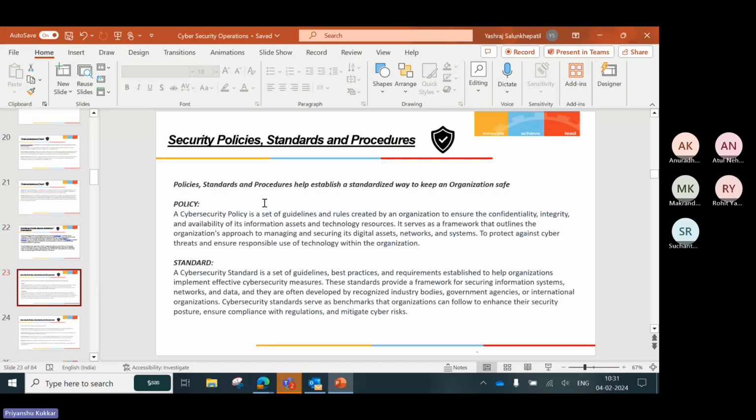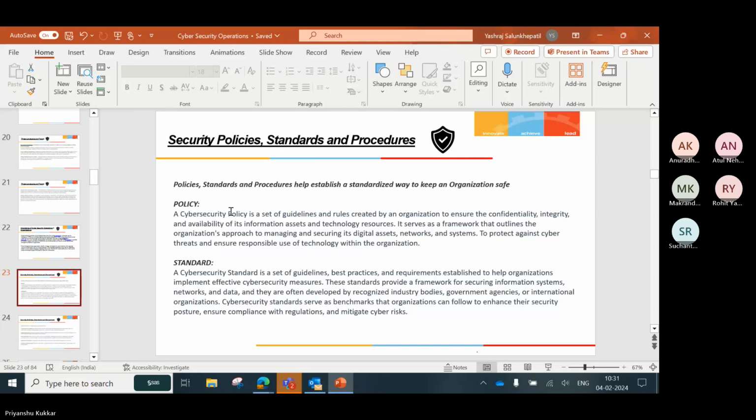Next, policy, standards and procedures for cybersecurity. So what is a policy?